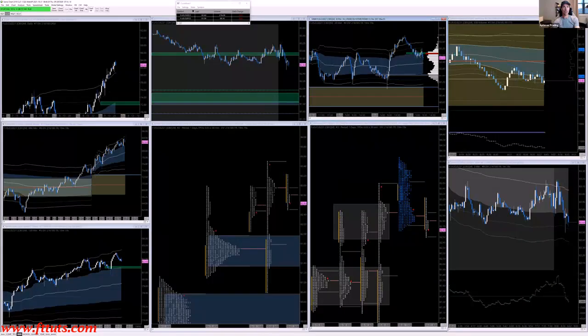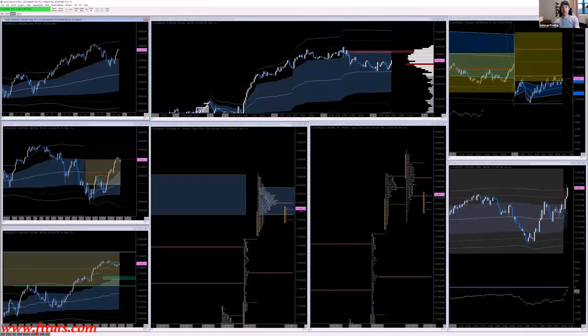Crude barely hanging on. NASDAQ barely hanging on. NASDAQ looking like it's about to stop us out.